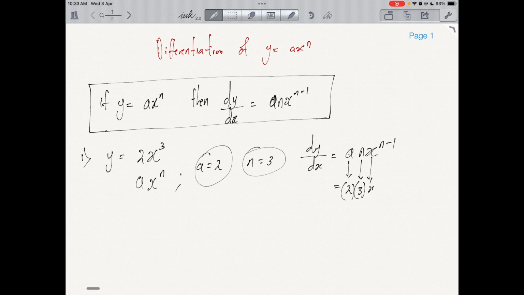We have our x and our n, which is 3 minus 1. So our dy/dx will be 2 times 3, that's 6x^(3-1), which is 2. Therefore, if y is 2x^3, then our dy/dx is 6x^2.